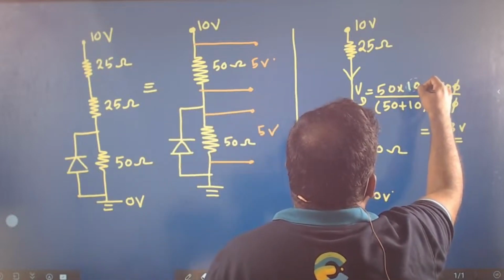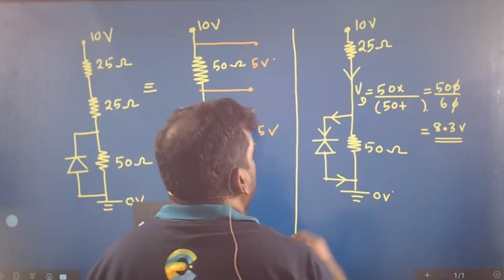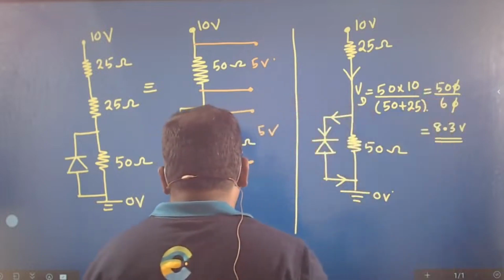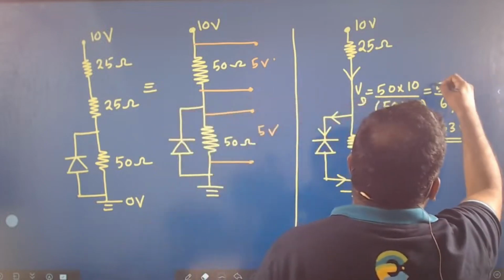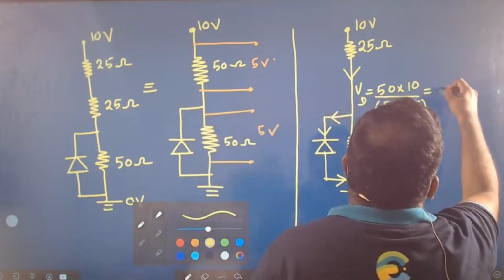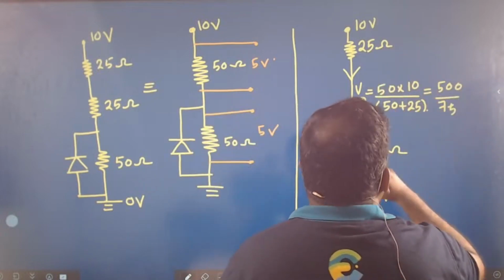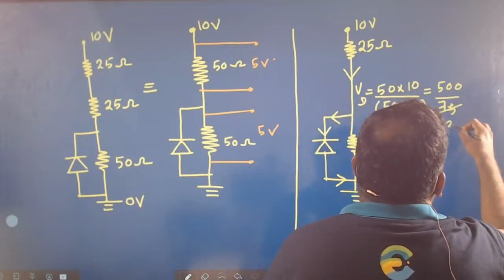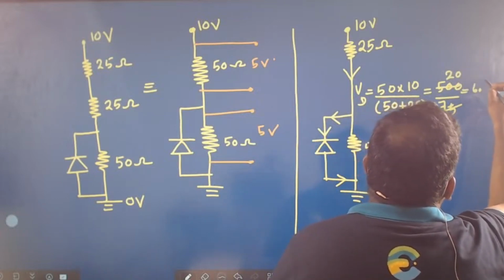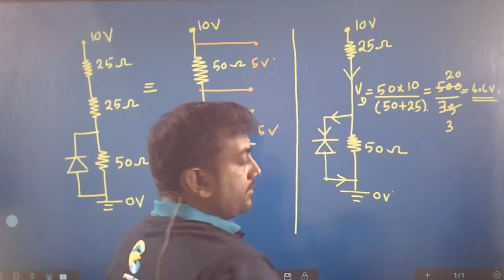Here resistance is not 10, it's 25. So here correct it. 500 divided by 75, here 25, here 50. 25 times 3, 25 times 2, 0. 6.6 volt. Breakdown occurred, current will go like that.